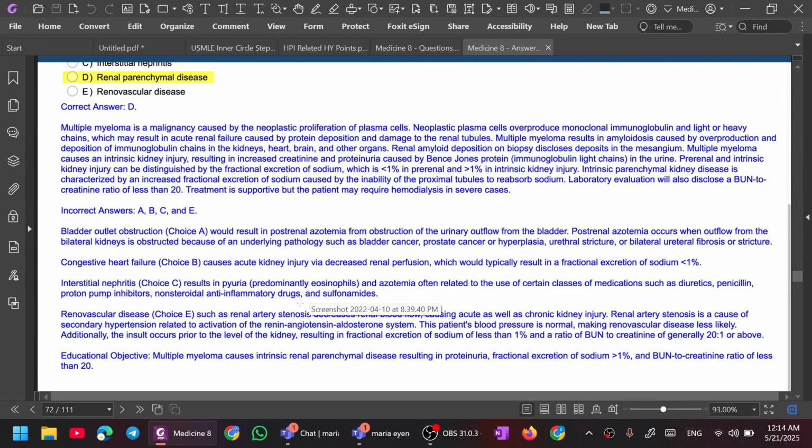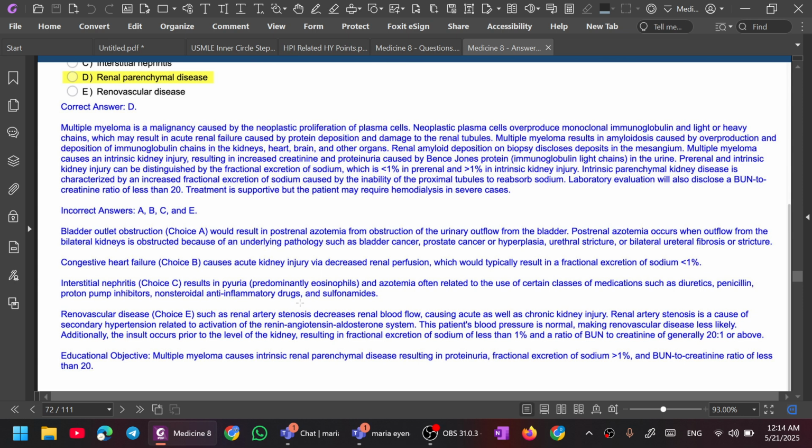Multiple myeloma is a malignancy caused by neoplastic proliferation of plasma cells. Neoplastic plasma cells overproduce monoclonal immunoglobulin and light or heavy chains, which may result in acute renal failure caused by protein deposition and damage of the renal tubules.